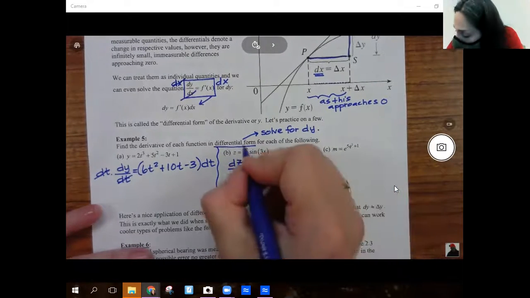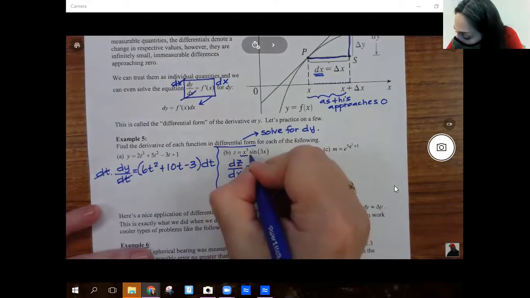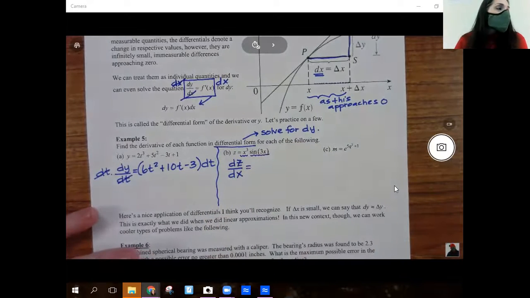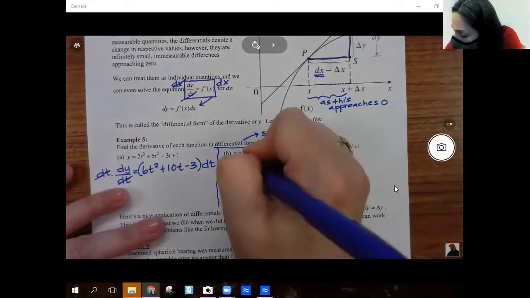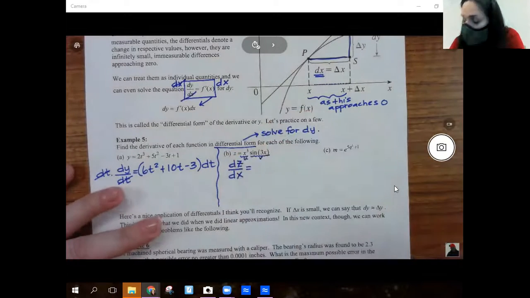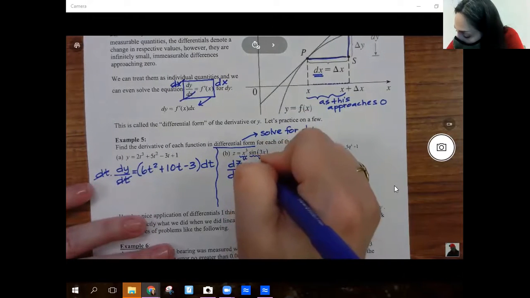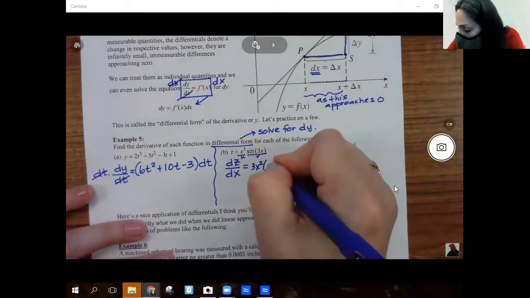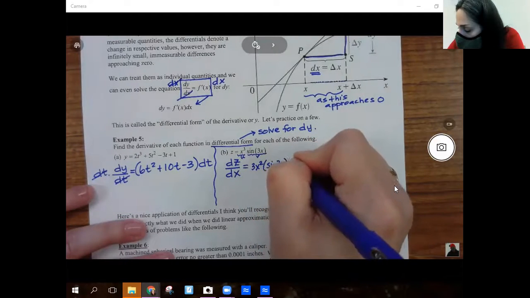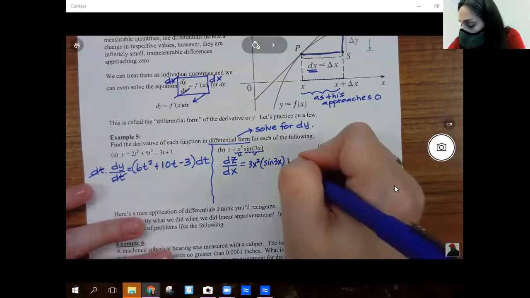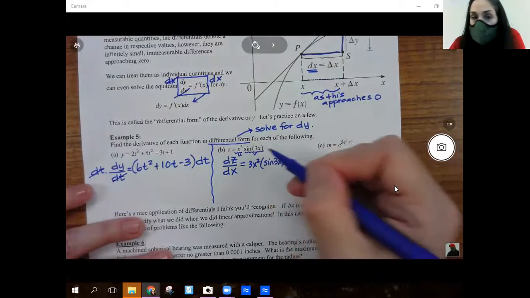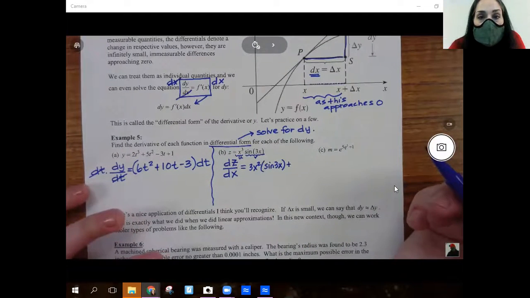Be super careful. You've got x and you have a sine function. So product rule. This is u and this is v. So u prime, 3x squared, times v, sine 3x, plus v prime. Well, you've got chain rule there, right?